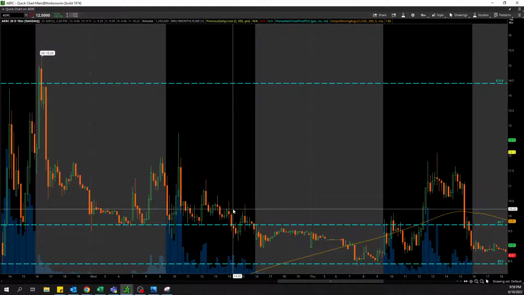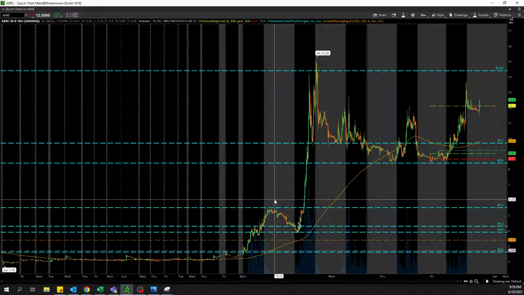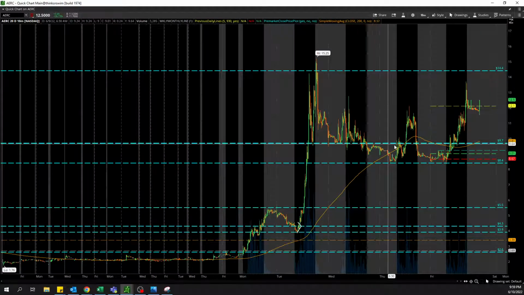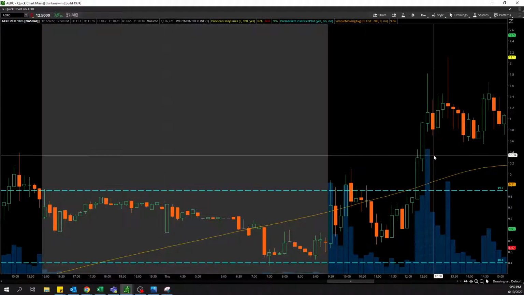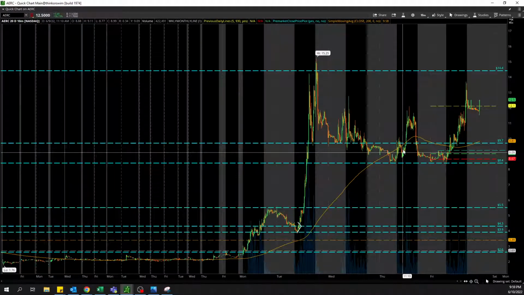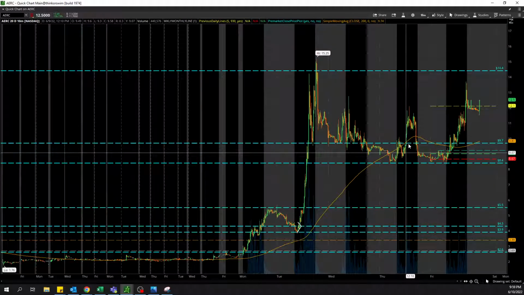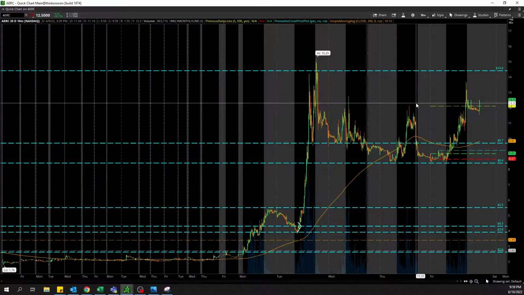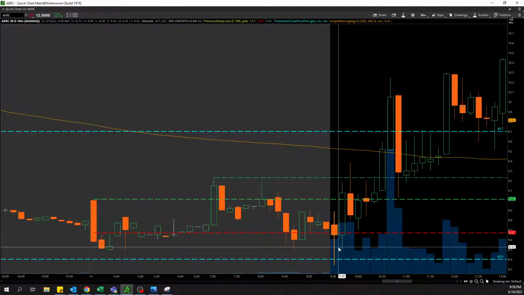Remember that 970 area where it was respected when it was going sideways. This is the same area that it gathered and then broke out from. See how it returned back to the 840 area before going back up to 970, holding, and then keep going. Then it came right back down to the 840 area again.